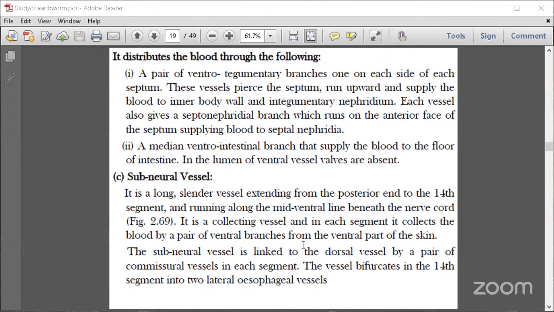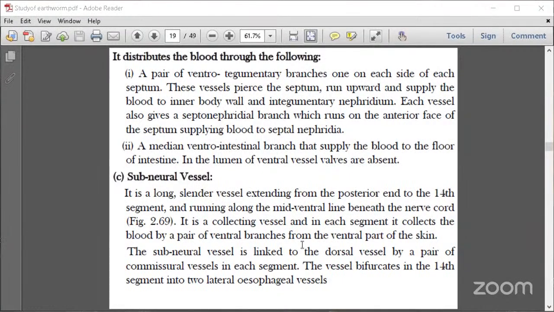Subneural vessel. It is a long, slender vessel extending from the posterior end to the 14th segment and running along the mid-ventral line beneath the nerve cord. It is a collecting vessel, and in each segment it collects blood by a pair of ventral branches from the ventral part of the skin.